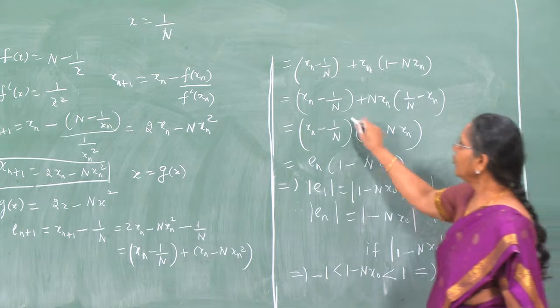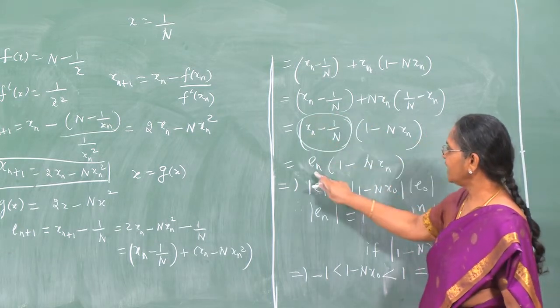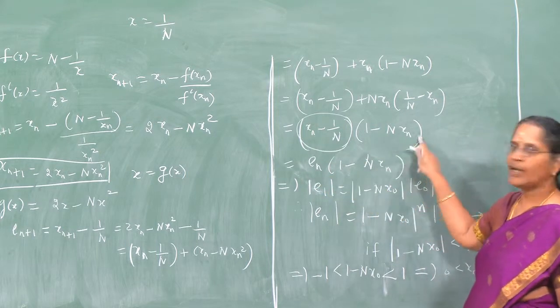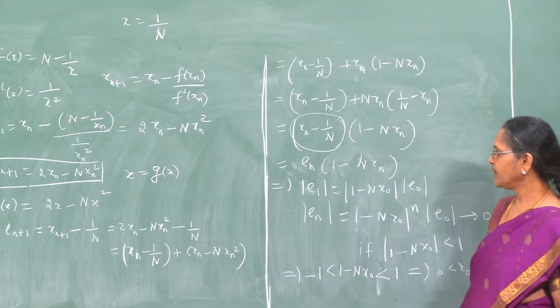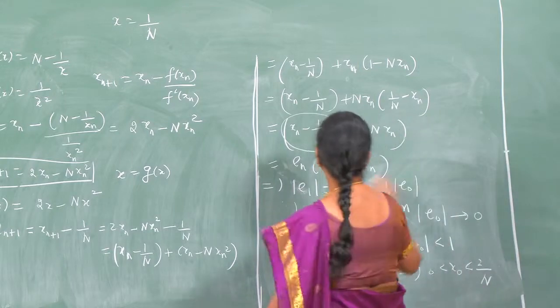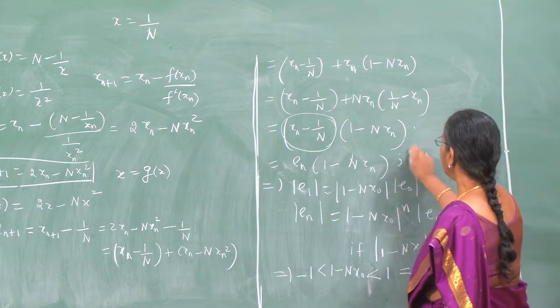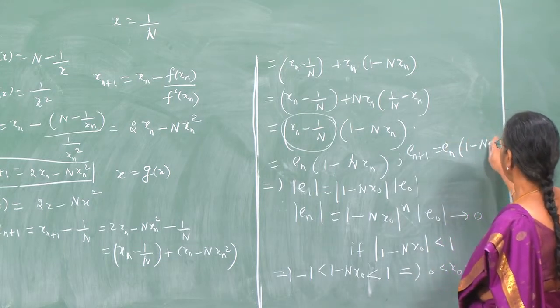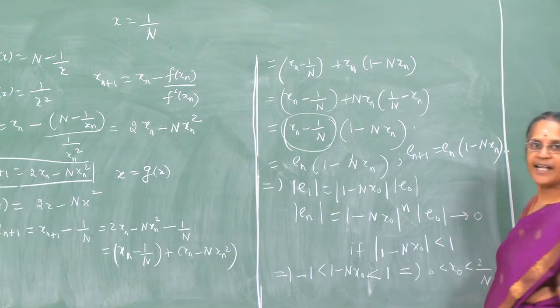But I know that this is the error at the nth step. So, this is En multiplied by 1 minus n xn. So, what is it that we have shown? We have shown En plus 1 is En into 1 minus n times xn.